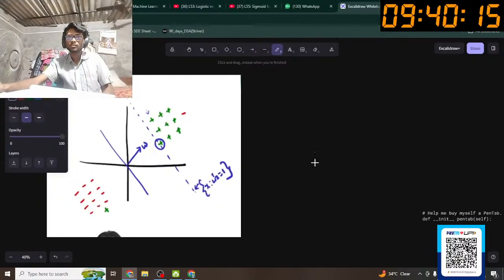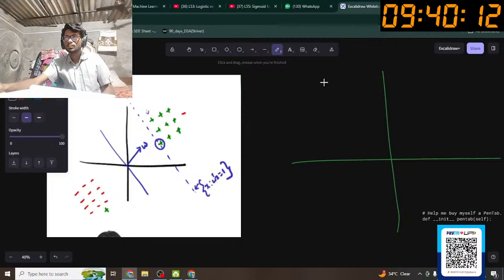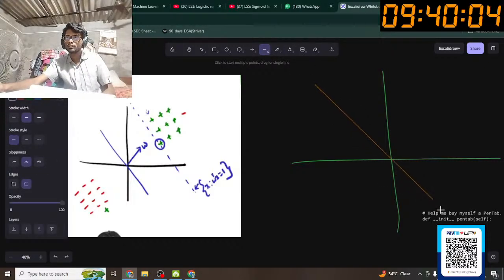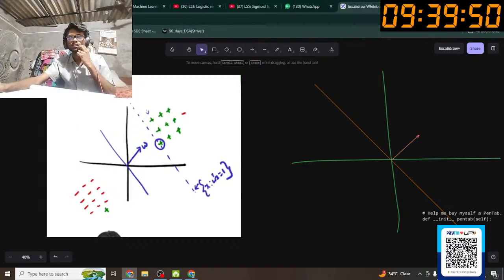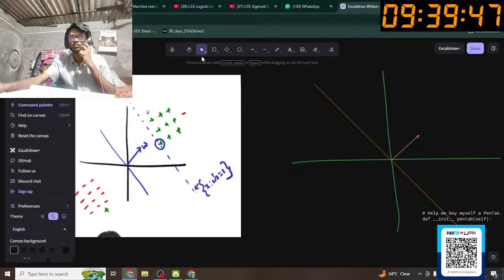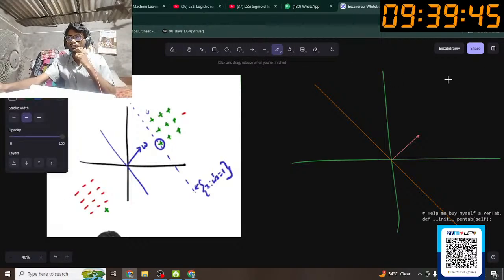Let's say we have an axis like this, and then we have a linear separator like this, right? And let's say the W is like this, and let's consider a point here. Why have I marked it as plus? We will try to figure out why I have marked it as +1.